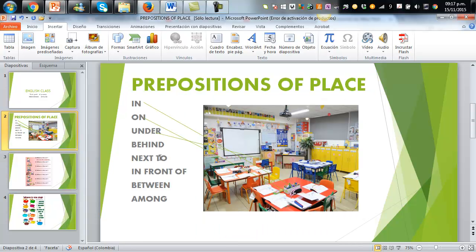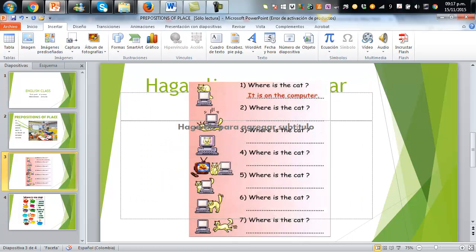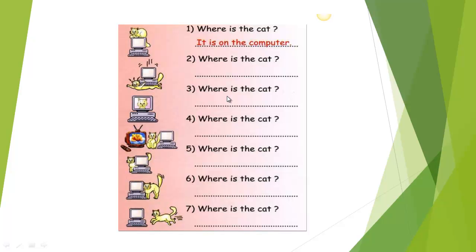to locate classroom objects within this picture. You're going to do that alone. After you can locate different objects using these prepositions, then you're going to come here for your activity guide and work. This activity guide is going to be worked on in pairs.